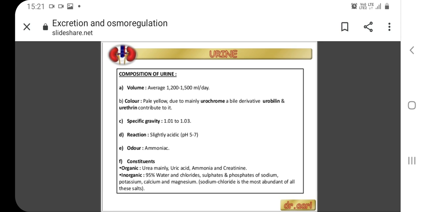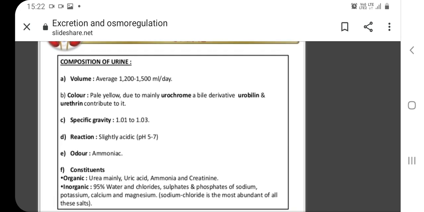The composition of urine. The volume is about 1200 to 1500 ml per day. Color is pale yellow, mainly due to the urochrome, a bile derivative. Urobilin and urethrin contribute to it. Specific gravity 1.01 to 1.03.